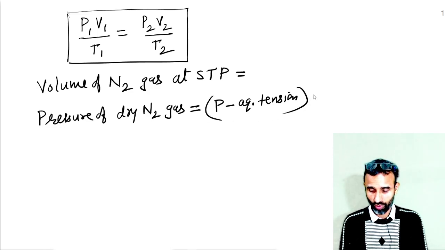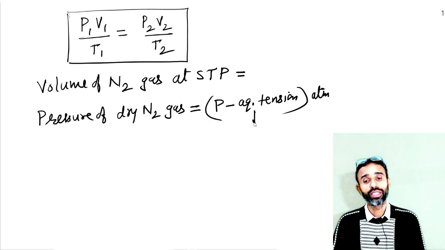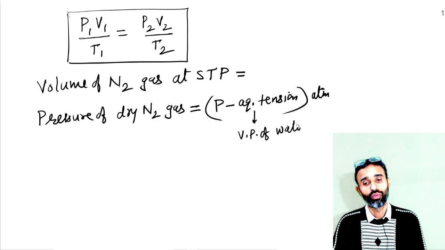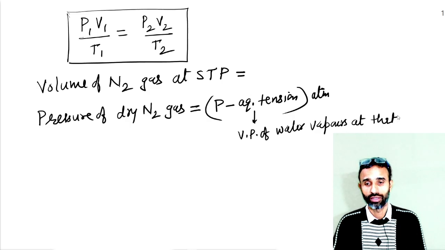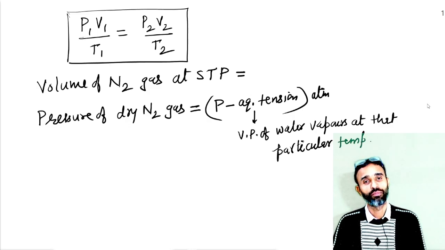What is aqueous tension? It is applied by KOH, the vapor pressure of water vapors at that particular temperature.